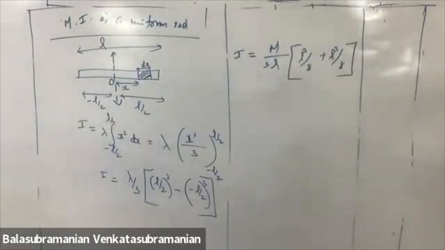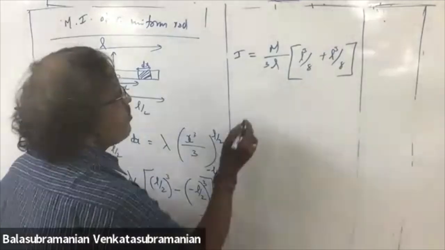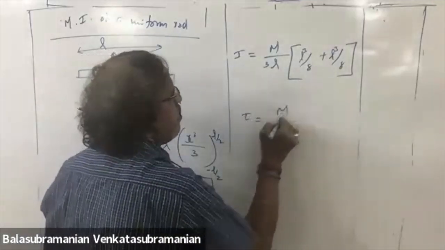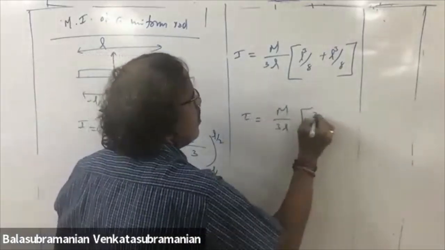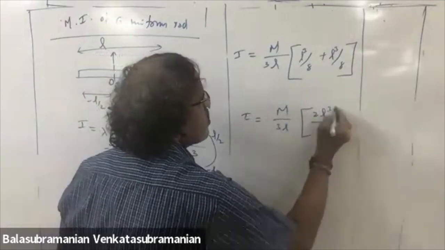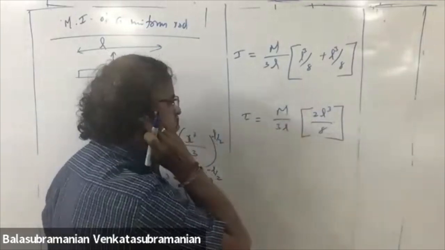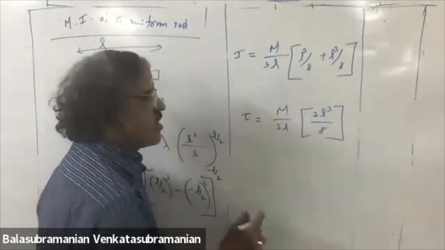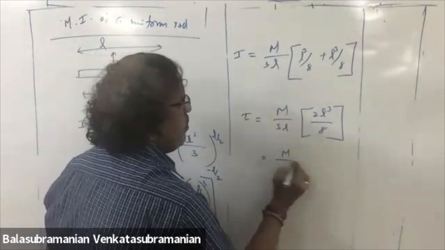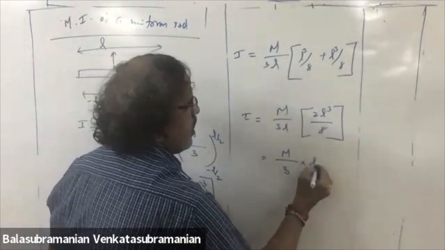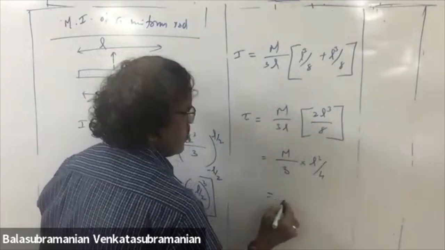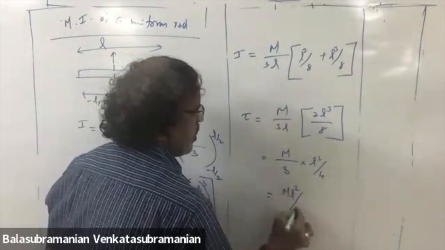So L cube by 8 plus L cube by 8. What will you get? M by 3L into 2L cube by 8. One L gets cancelled here. 2 and 8 means 4 times. So you will get M by 3 into L square by 4. So ML square by 12.